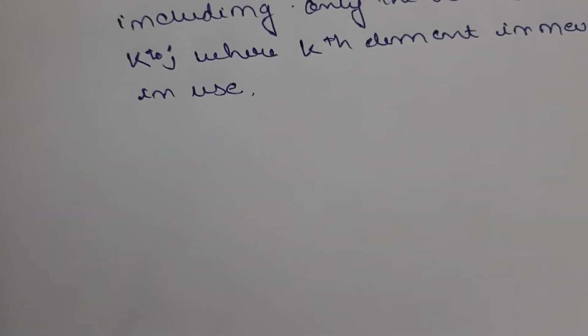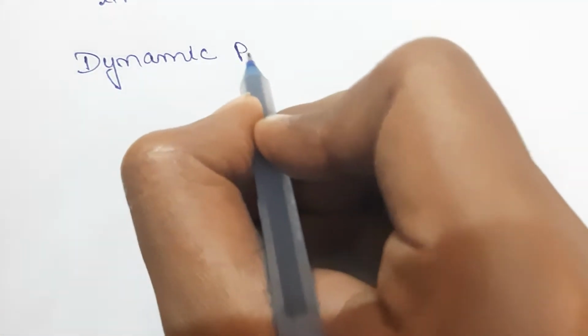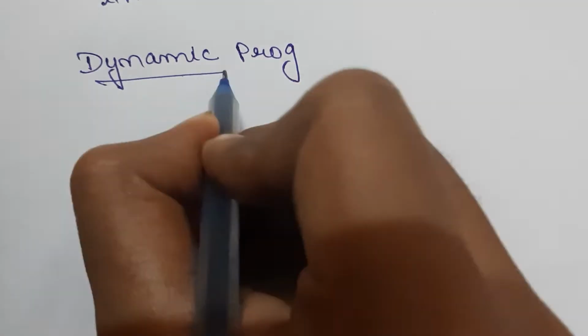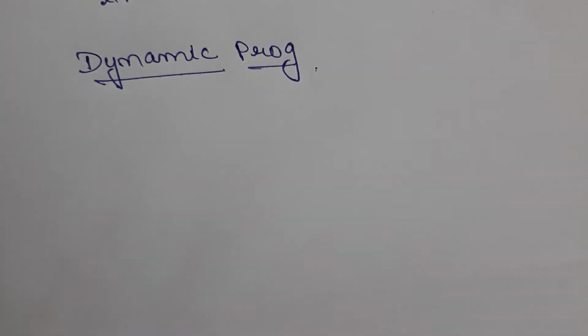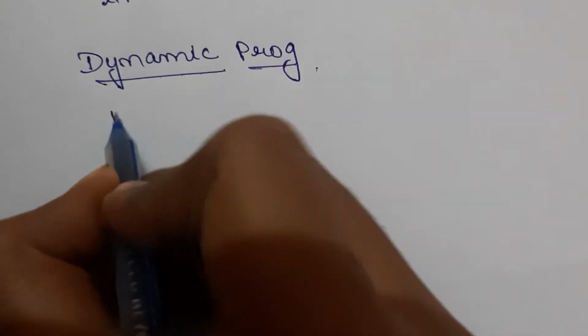Let us first write, as we know, a problem can be solved by dynamic programming, and can be noticed in two ways if it has the following two properties.